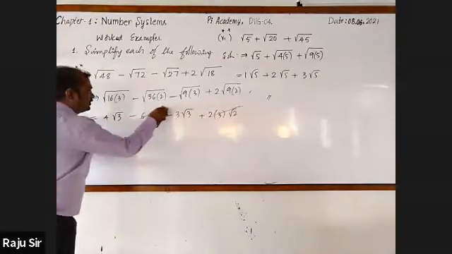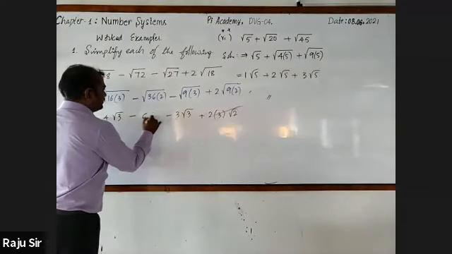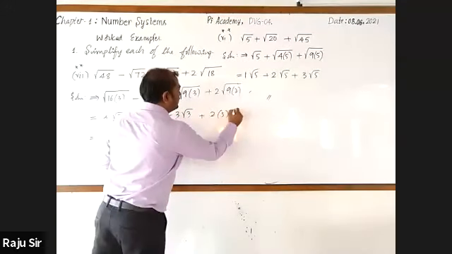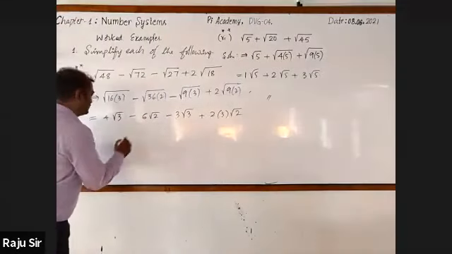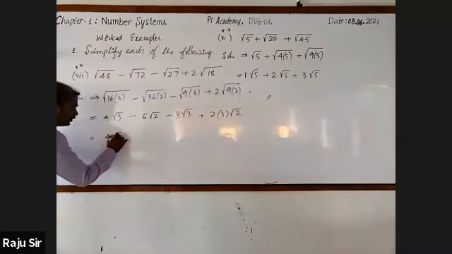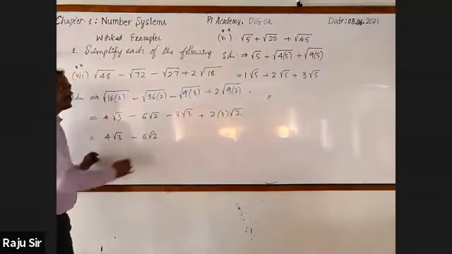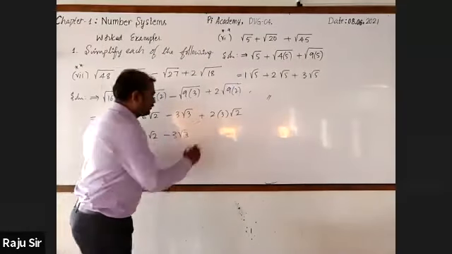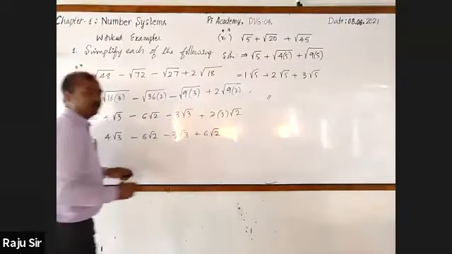Okay. I'll come to your method. Let's move on to the LKG method, meaning increasing the number of steps. I'll write 4 into root 3 as it is, minus 6 into root 2 as it is, minus 3 into root 3 as it is. Whereas the fourth term, 2 3s are 6, 6 into root 2.